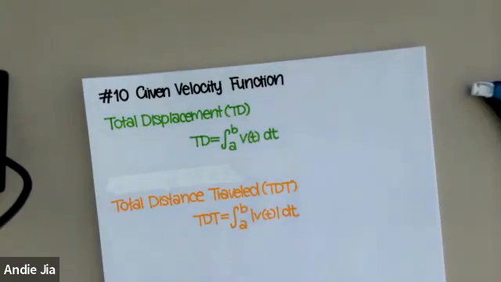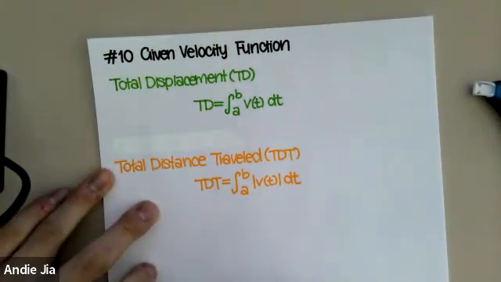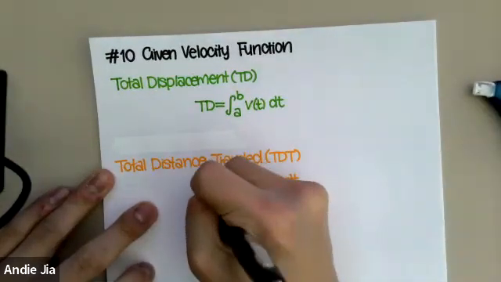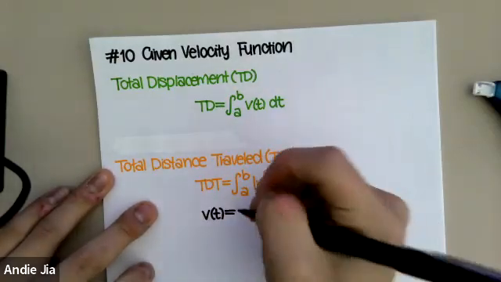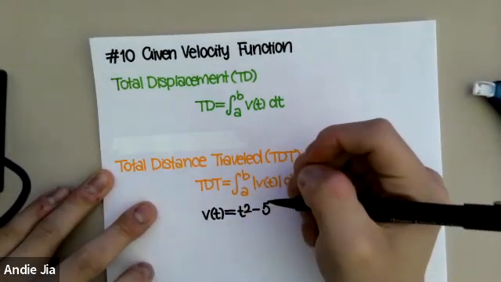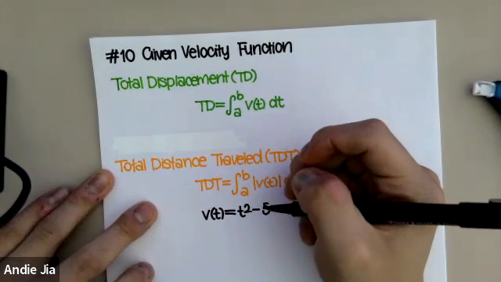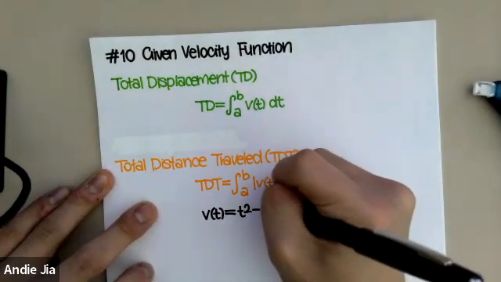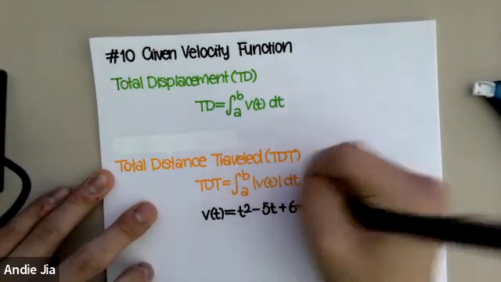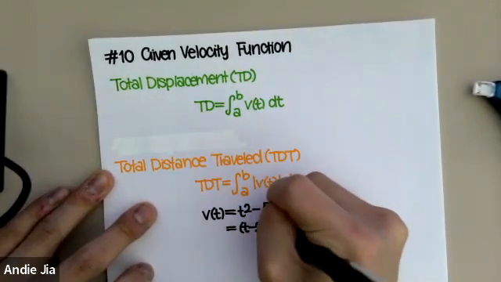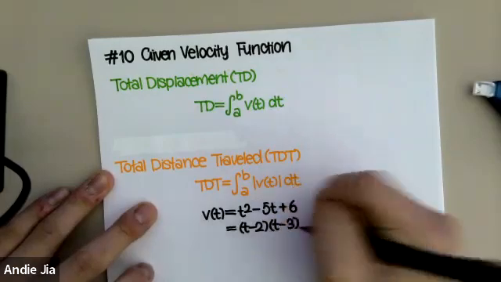So we already have this velocity function, and we need to find the TD and TDT. t squared minus 5t plus 6 is going to be t minus 2 times t minus 3.